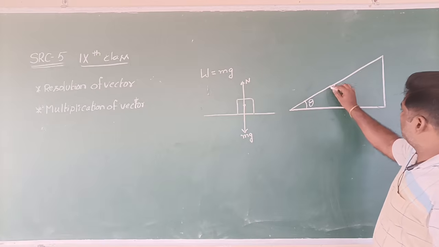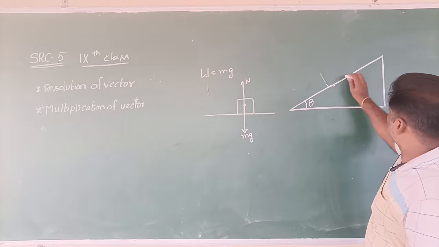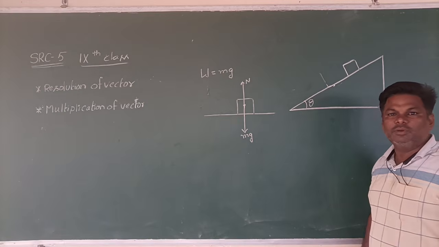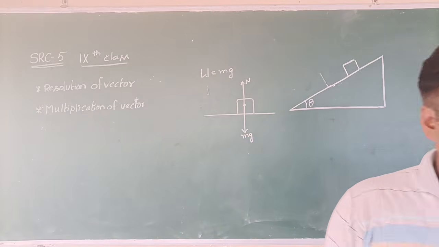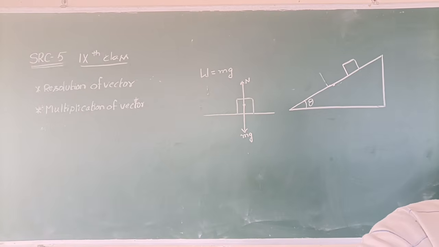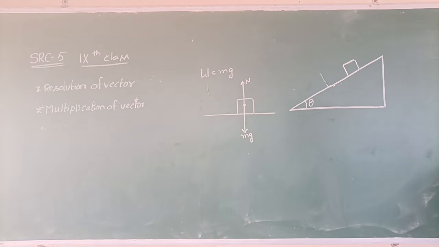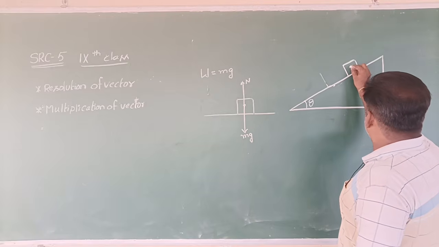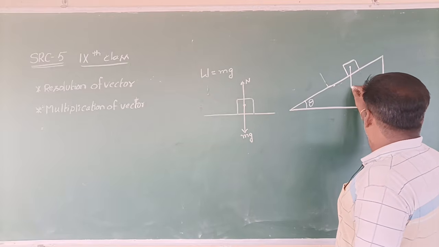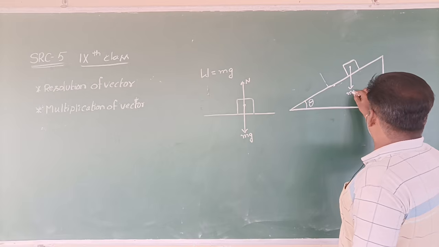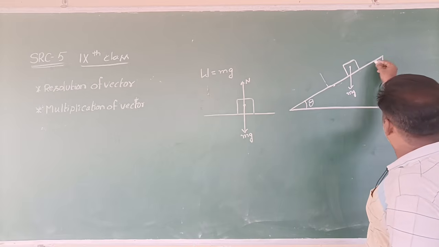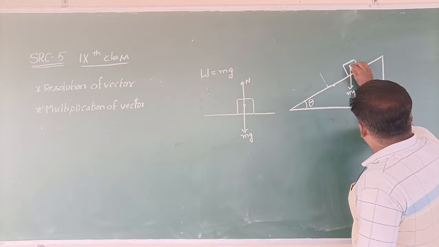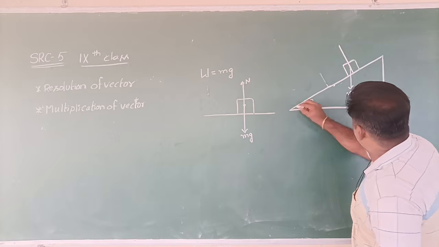Look, now place a weight, this is the weight, I mean a massive object, and weight is equal to mass times gravity that will act towards the ground. This is mg. And the normal of this plane is acting perpendicular to this surface.